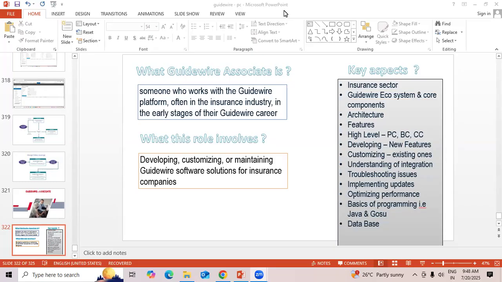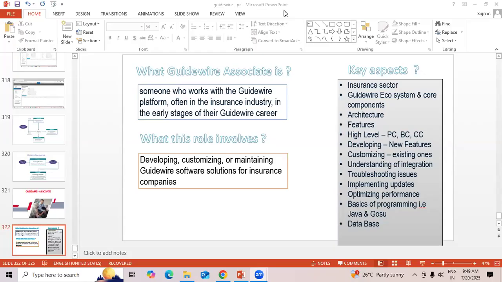Next, I don't say last but not least, basic programming understanding, experience in Java and Gosu is preferable. That is something you must be good and knowledgeable with. Because when we are interacting with the development team in the form of configurations or customizations, we must know the basics of Java programming. If you are coming from a programming background, that is different.